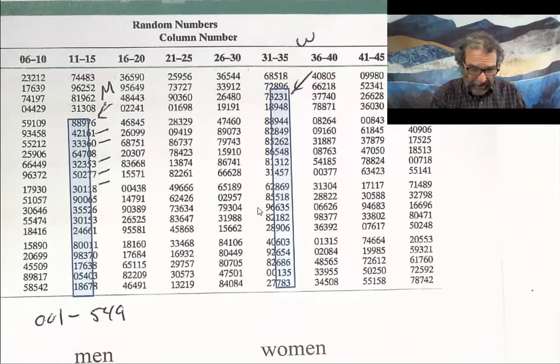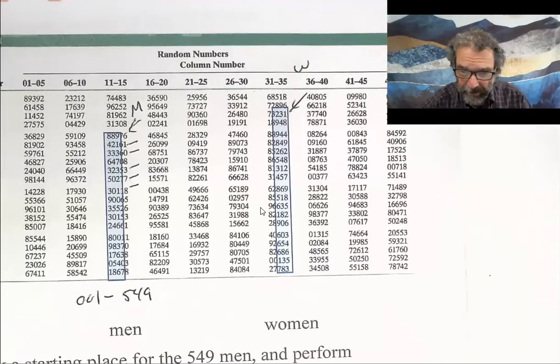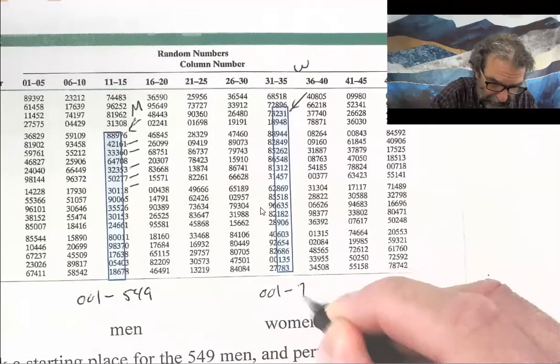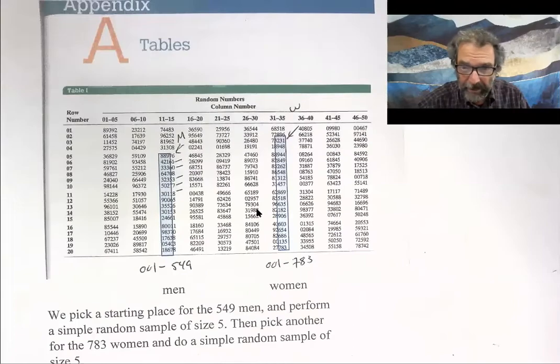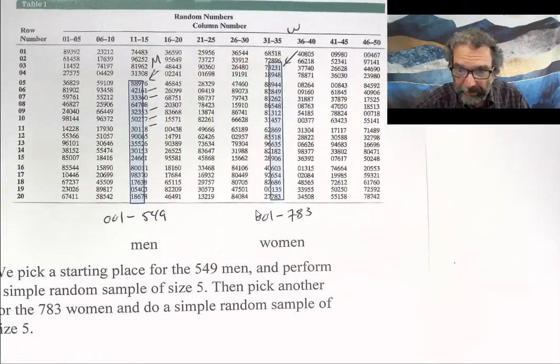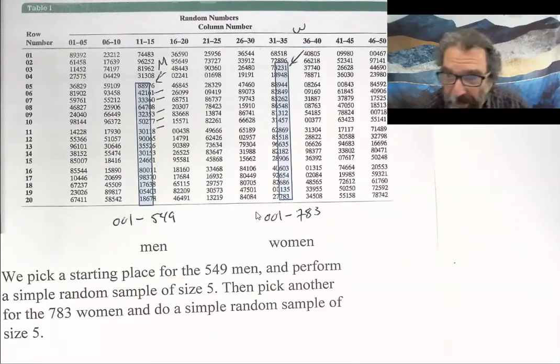Okay, so we did that. And then we look at the women. There's 783 women. So for the women, we're going to go 001 through 783. Let me back this up a little bit more. I can slide this up. Maybe like that. There we go. So now we're looking at 3 digits.